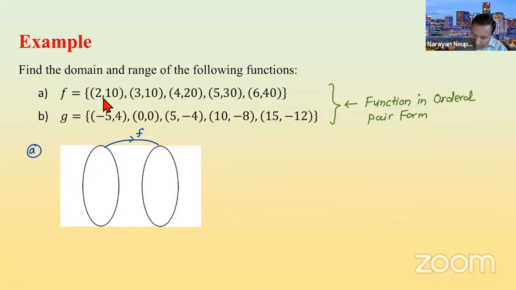That is the meaning of 2 comma 10. 3 is mapped with 10 again, so 3, 10. 4 is mapped with 20, so 4, 20. 5 is mapped with 30, so we write 5, 30, and then 6 is mapped with 40.